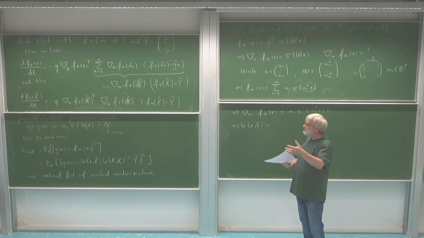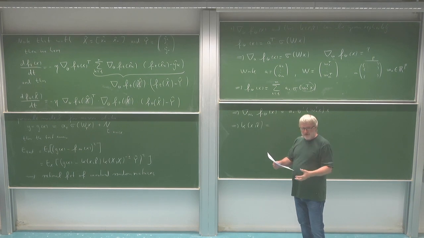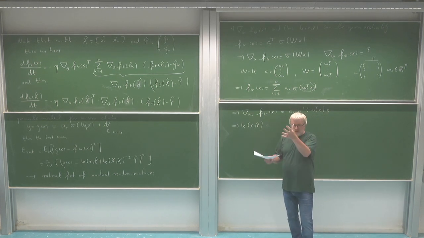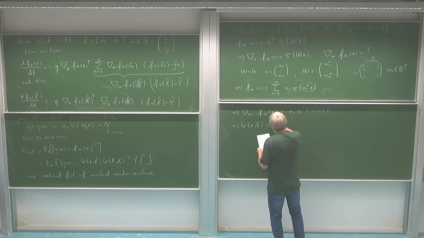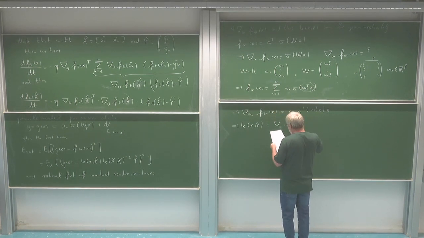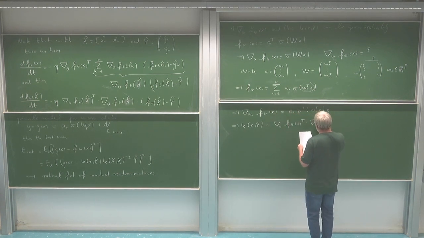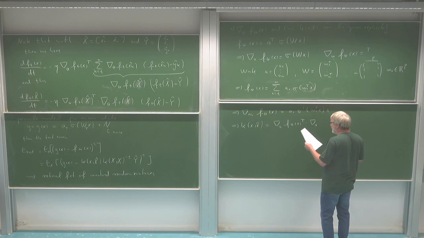Some components correspond to the a, other components to the w. And then the inner product is just the sum of the inner product between the a components and the inner product between the w components. So this is just the gradient with respect to a of my f theta of x, transposed, times the gradient of this, so that's just the first part of my gradient, f theta of x twiddle.